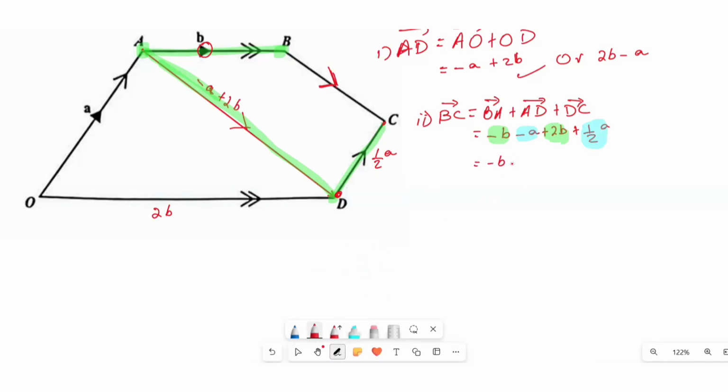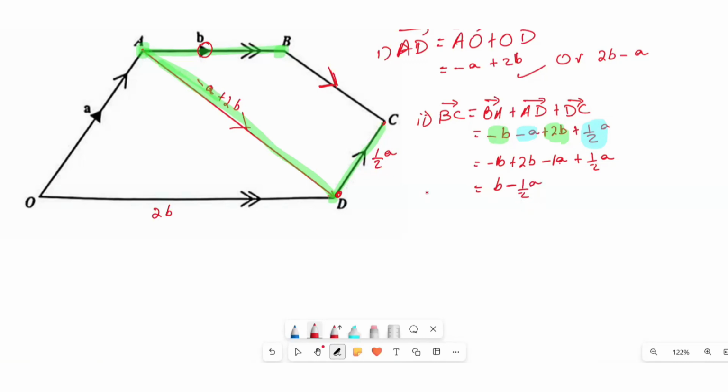Minus B, positive 2B, minus A, positive half A. In simplification, negative B means negative 1B. We're going to end up with a positive B. Negative A plus half A is like negative 1 plus half. We're going to be left with negative half A.